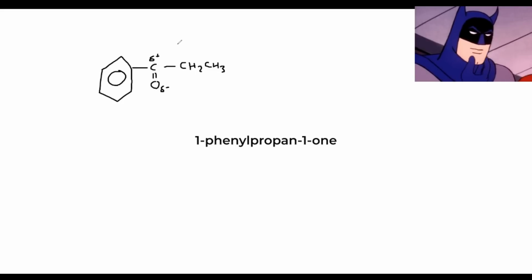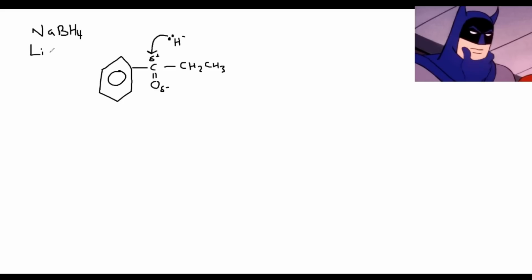Well, the carbon is delta positive and the oxygen is delta negative. So that makes it likely to get attacked by nucleophiles right here. And our nucleophile is a hydride ion that's come from this reducing agent, which is NaBH4. You could also use LiAlH4 as well.